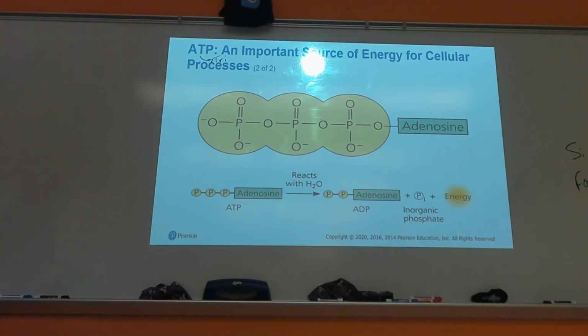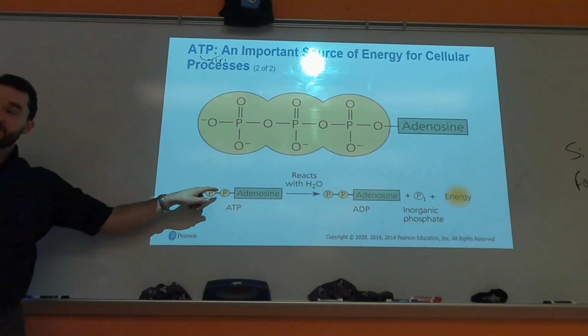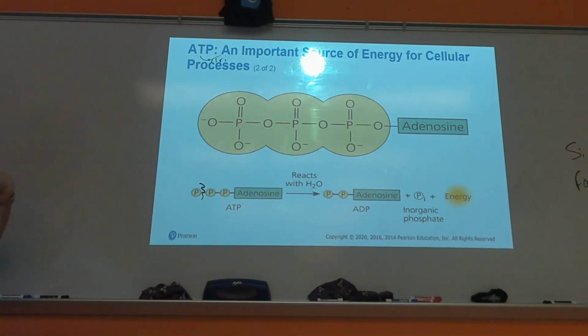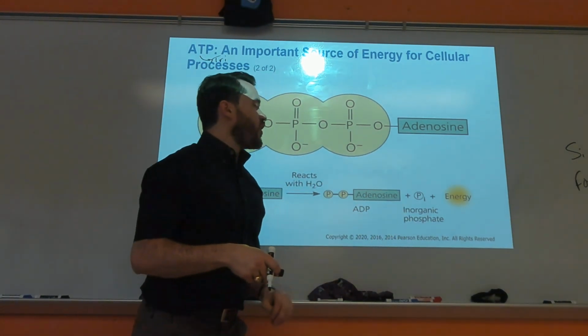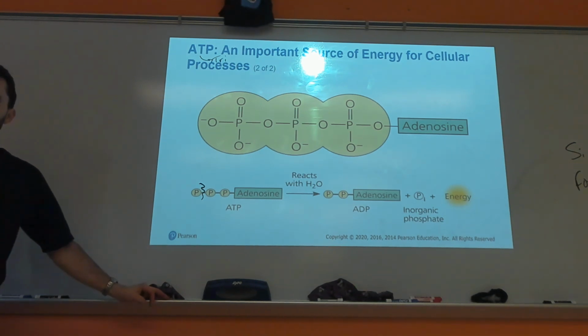Anyways, ATP, remember the energy is stored in those phosphate bonds. If you react it with water, you'll break off that ending phosphate, releasing a bunch of energy, and then you make ADP, adenosine diphosphate. And that other phosphate is just floating around as what they call inorganic phosphate. Oh, question for you. Why do you think they call it inorganic phosphate as opposed to organic phosphate? Think back to the organic compounds, second slide.